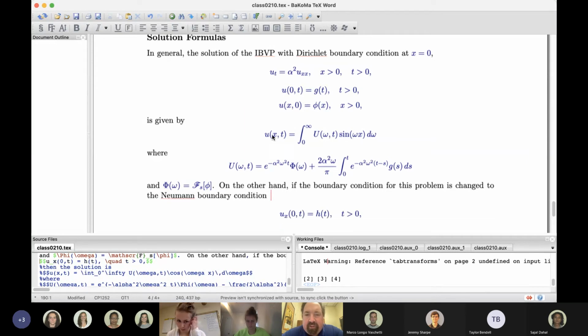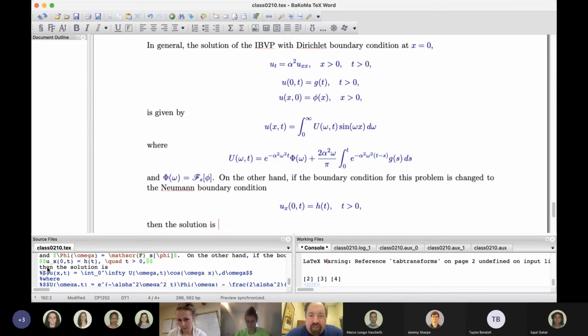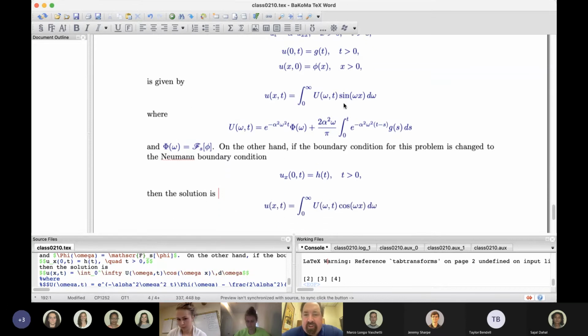Okay. So that's a case where there's a Dirichlet boundary condition, u is equal to something. If this is a boundary condition, so du/dx is equal to some given function of t, then what do you have for your solution instead? Well, what changes, the sine becomes a cosine.